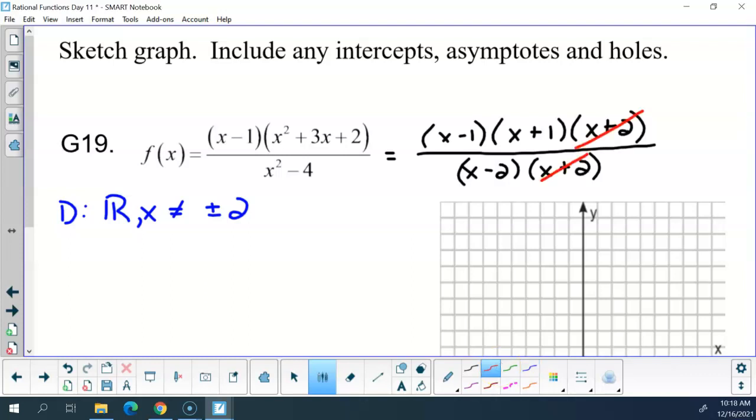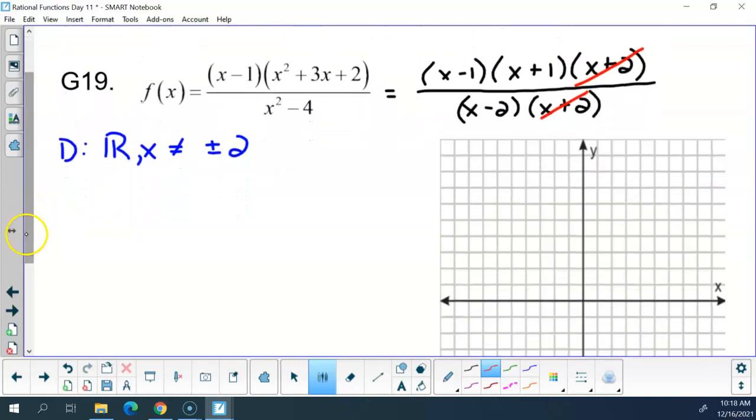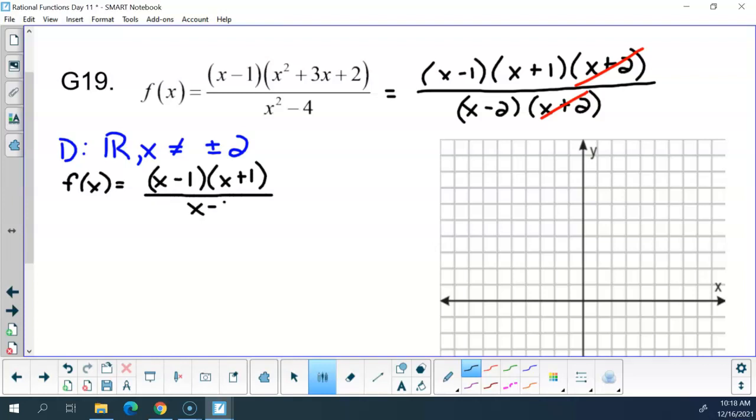Now, cross and cross. So that leaves me with my new function of f of x equals x minus 1, x plus 1, all over x minus 2.